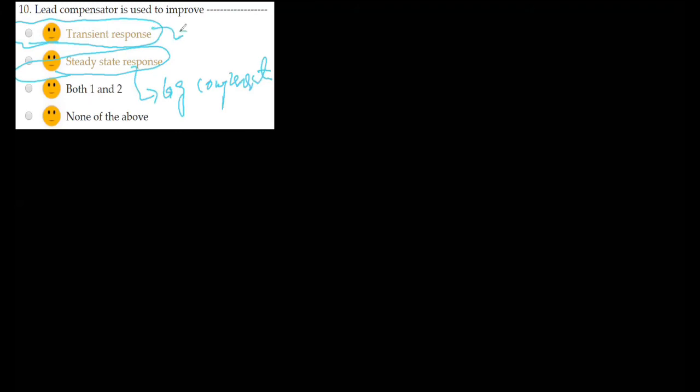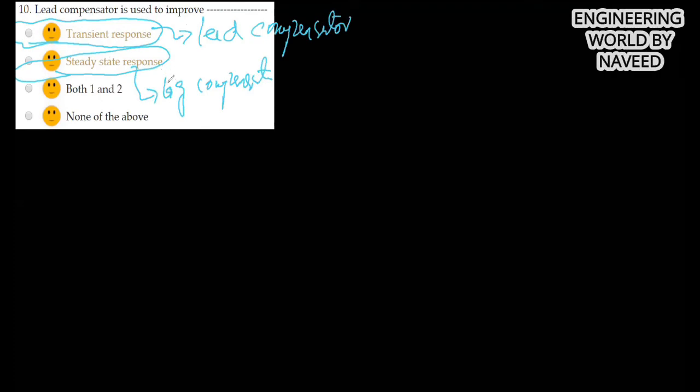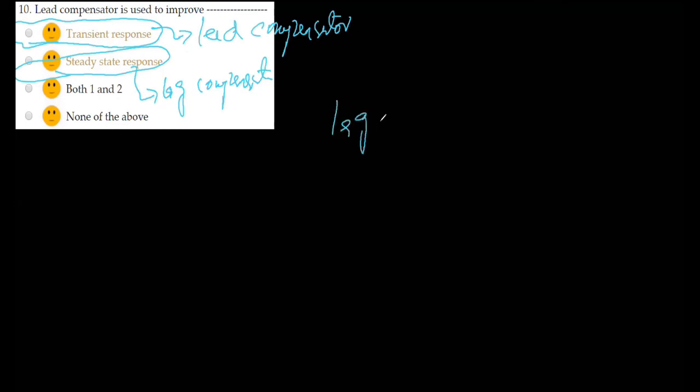For transient response we use lead compensator, and for steady state response we use lag compensator. And there is also another type of compensator, that is the lag-lead compensator, or you can say the lead-lag compensator. This compensator improves both transient and steady state response.